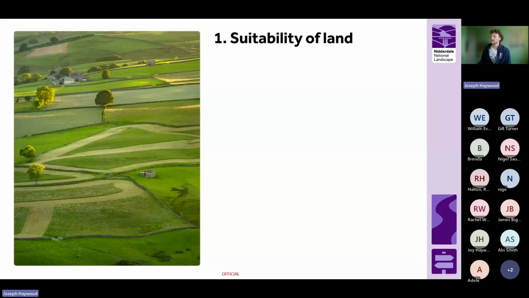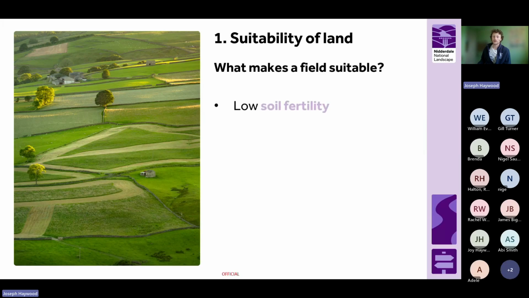So let's go into the suitability of land. And what actually makes a field suitable? Well, the number one point is low soil fertility. You want a low P index, which I'll go into in a little bit more detail in a second, but low soil fertility is really important.